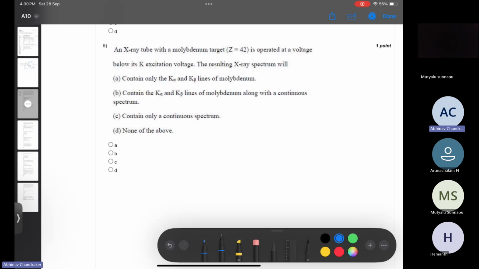The resulting X-ray spectrum will contain... Any idea what the answer will be?